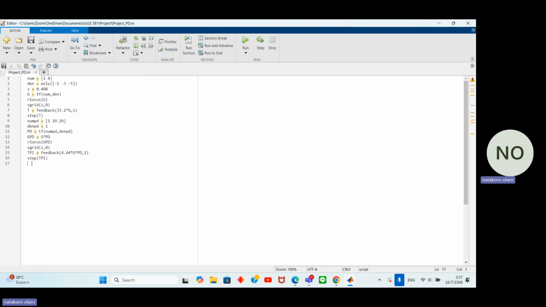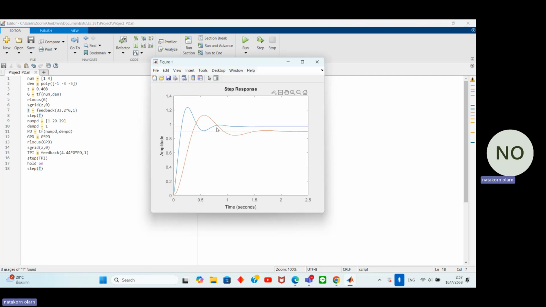Comparing to the first one, the system before compensate, you can see that the settling time is reduced by half.